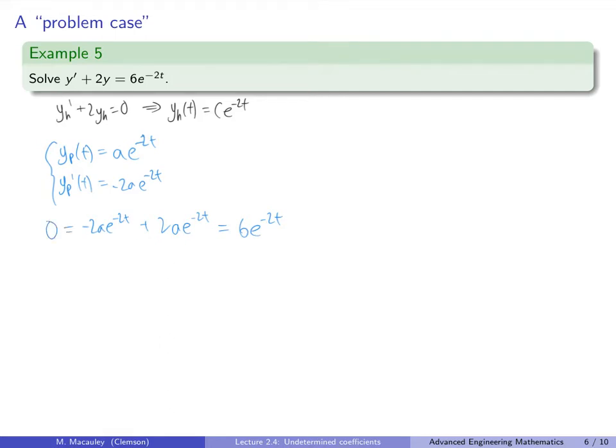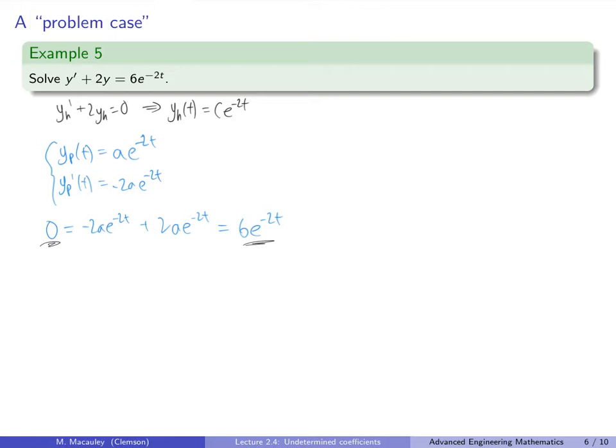And so now we have 0 equals 6 e to the minus 2t, and that's impossible. So why did this happen? Well, it happened because our forcing term, our inhomogeneous term, unfortunately solves the related homogeneous equation. So something like this is never going to be a particular solution, because when you plug it in the left-hand side, you get 0.